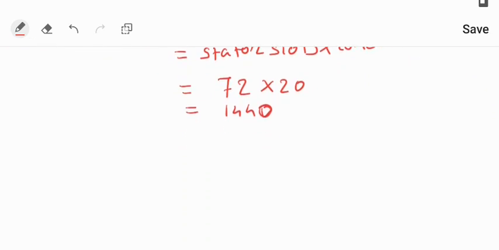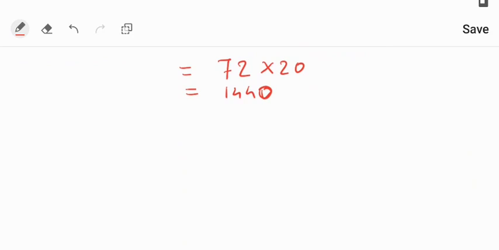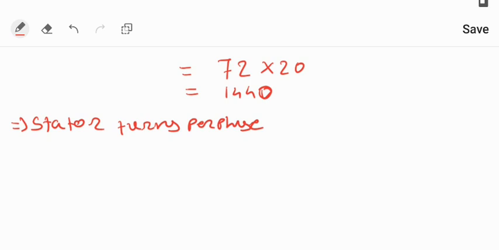So the total stator conductors is 1440. Then we have to find the stator turns per phase, which is denoted by TS.